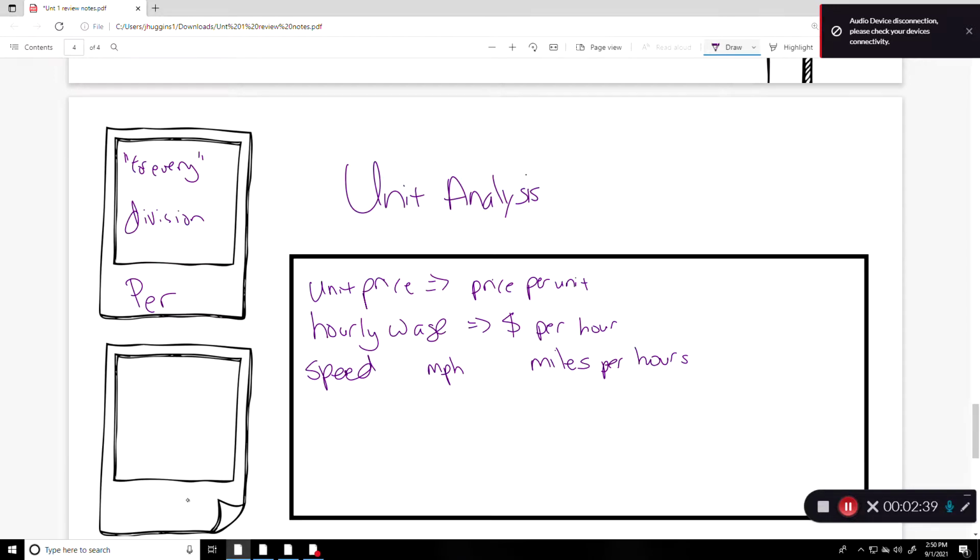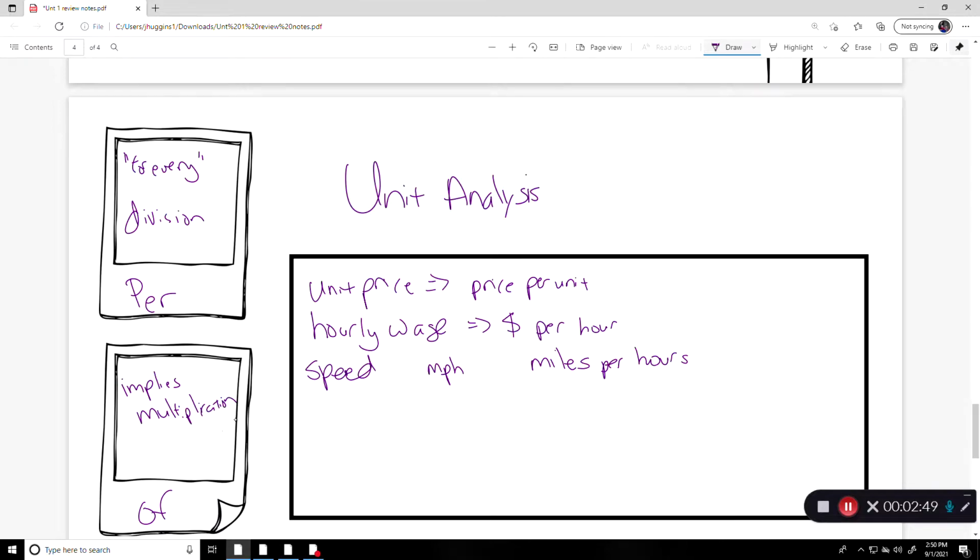Also in unit analysis, we learned that the word of does imply multiplication. Now, if you're thinking ahead to 3A, where we saw of a lot with percents, you may be thinking, I divided to find percent of.